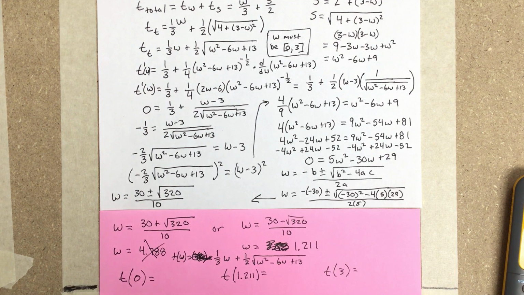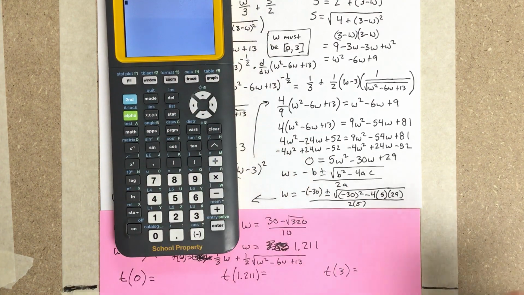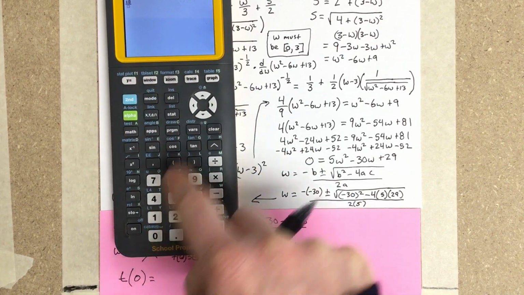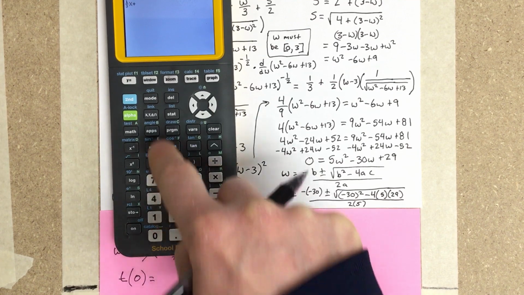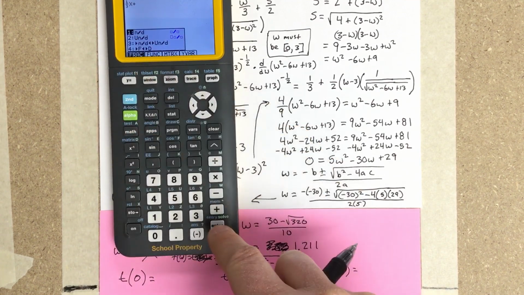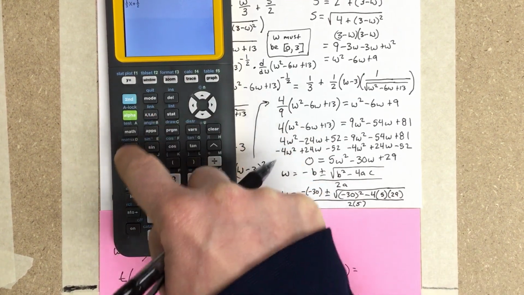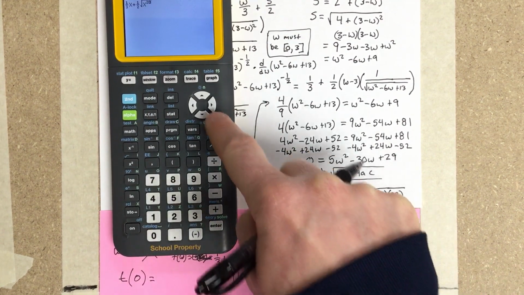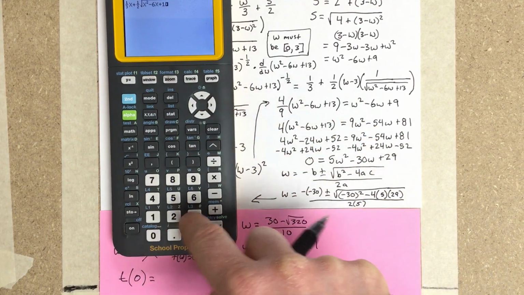So we're going to enter 1/3 X plus 1/2 square root of X squared minus 6X plus 13.